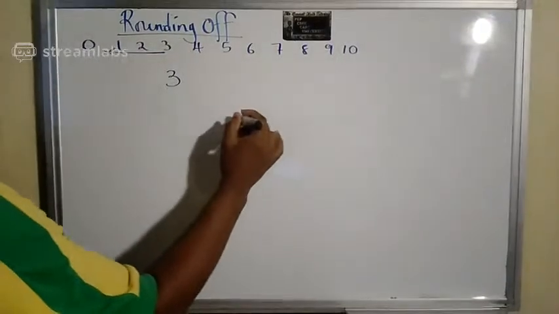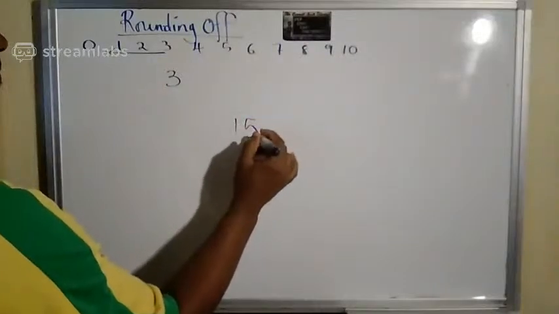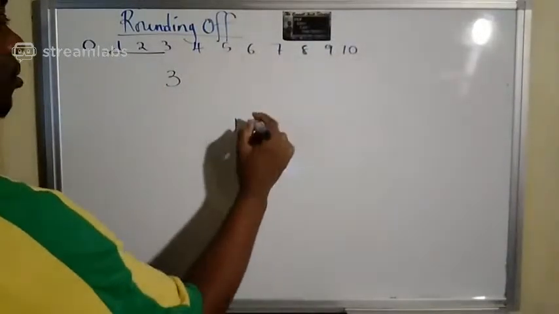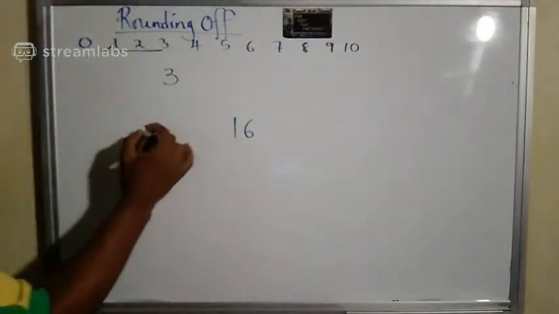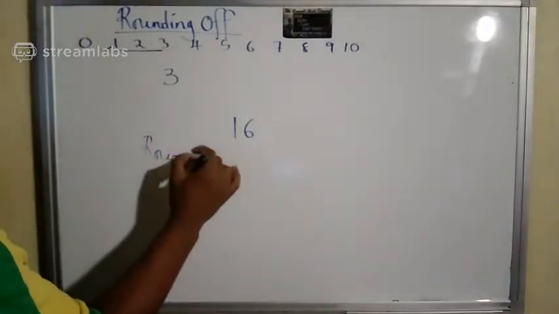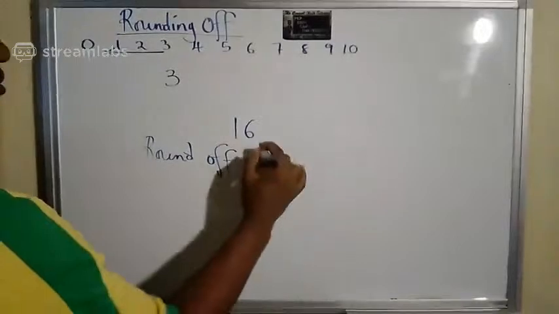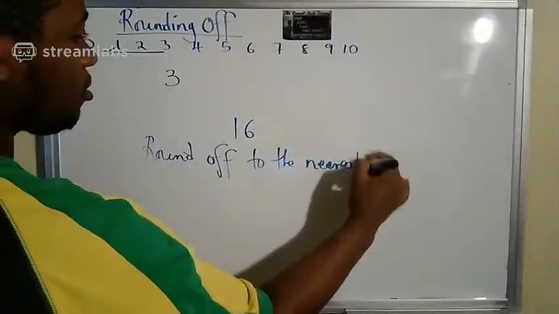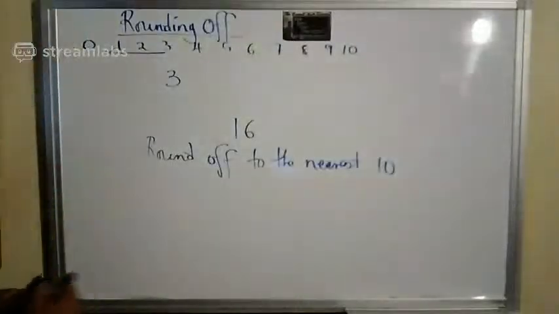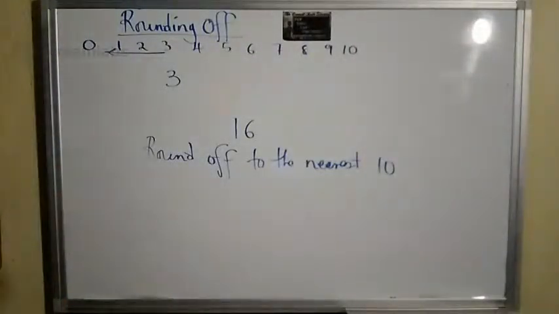So let's say they give us 16, and then round off to the nearest 10. What it means is if it's closer to 10 or 20.